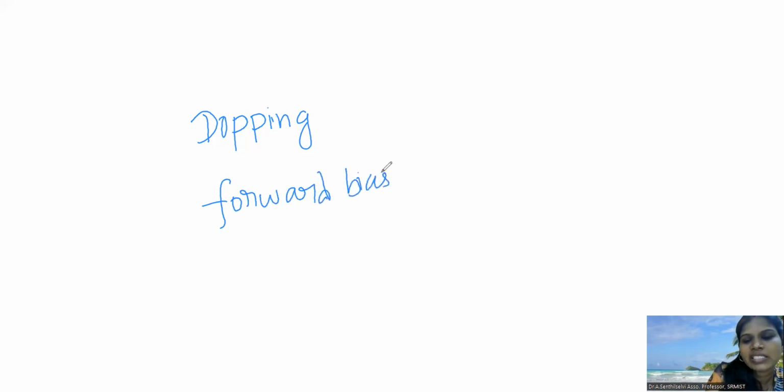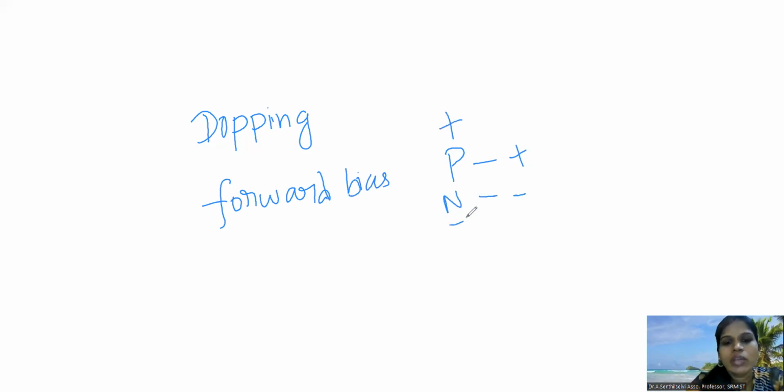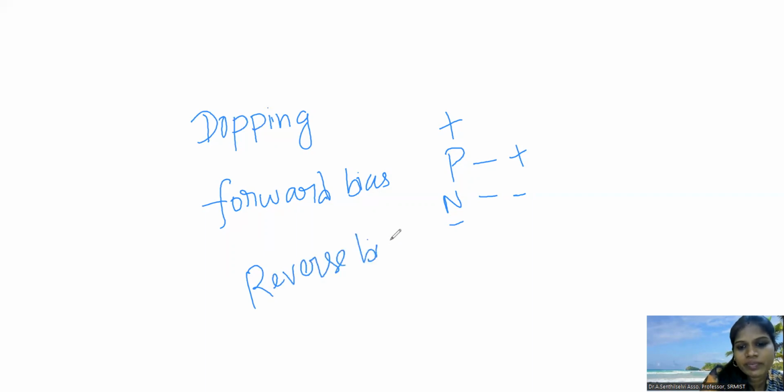Forward bias means the P-type material is connected to positive and the N-type material to negative, that is, positive to positive and negative to negative. What is reverse bias? Positive to negative and negative to positive connection is called reverse bias.